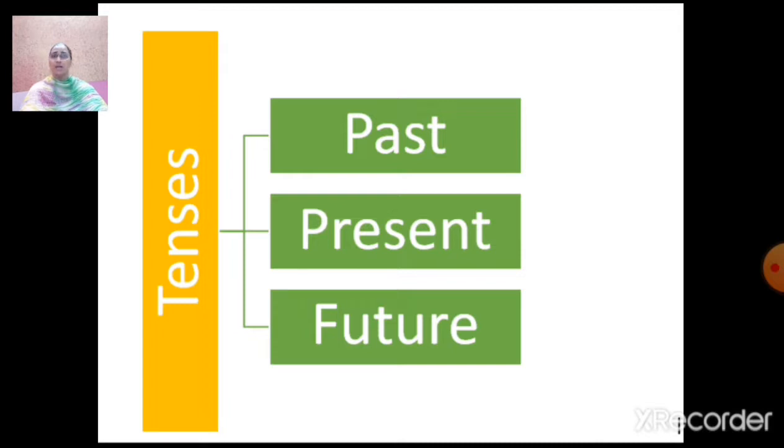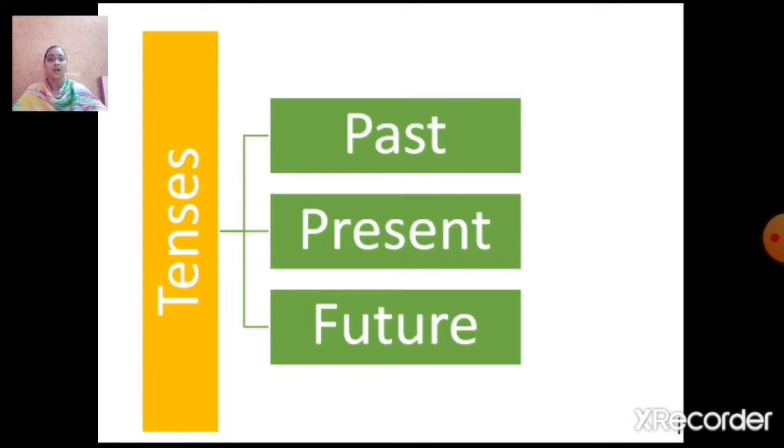It refers to habitual actions, routines or general truths. Alright, then what is past tense? Past tense is the action that had already happened, and future tense is the action that has not yet happened.